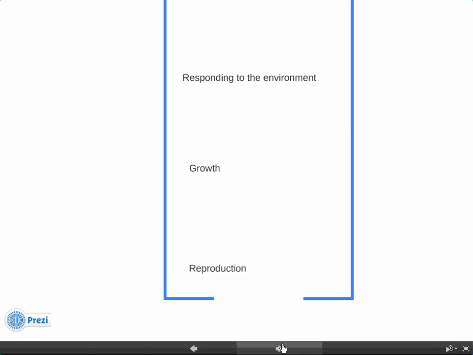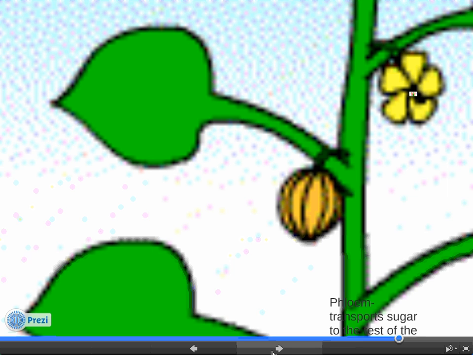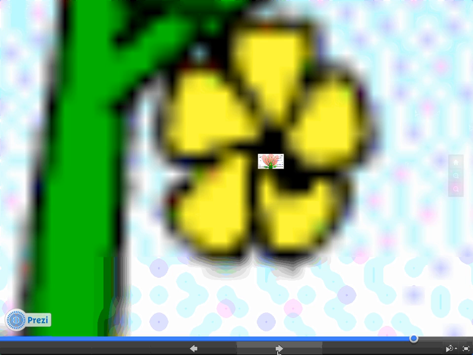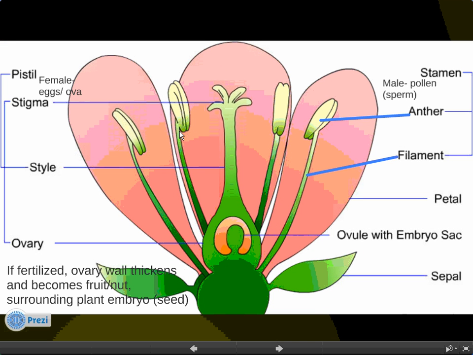All right, the last one, reproduction. The plant does its reproducing in the flowers and fruit. So here's a flower. All right, so a flower is the plant's reproductive organ. You've got male and female parts. The big one in the middle is the female part.